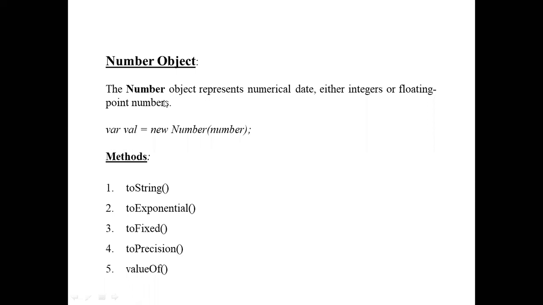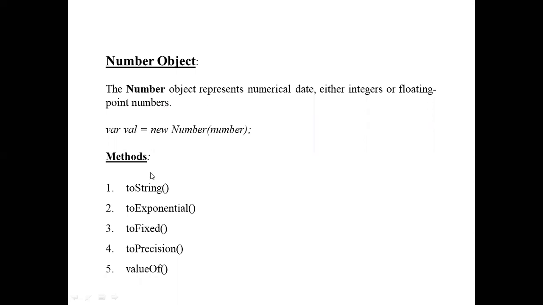Next one, the Number object. The Number object represents numerical data, either integers or floating point numbers. We have to create a Number object using the new operator, where val = new Number().